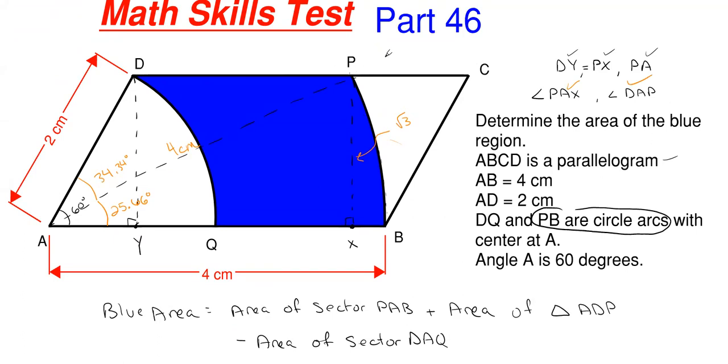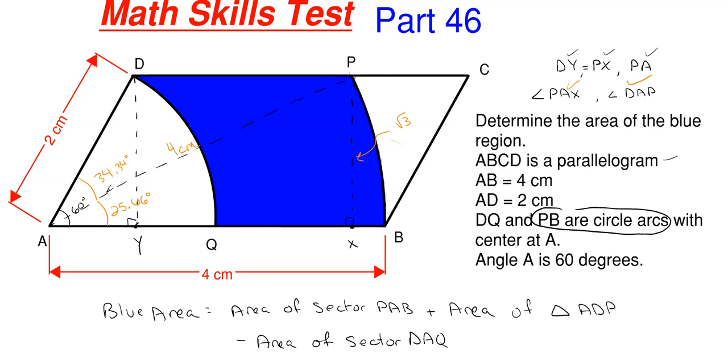So what I can do is I can go ahead and find the area of my circle sector APB, add that with the area of my triangle ADP, and then subtract off this little white circle sector here of ADQ. And we're going to be utilizing this angle right here of 25.66 degrees with a radius of 4 centimeters for the first area.